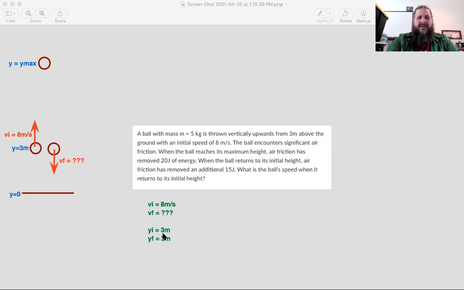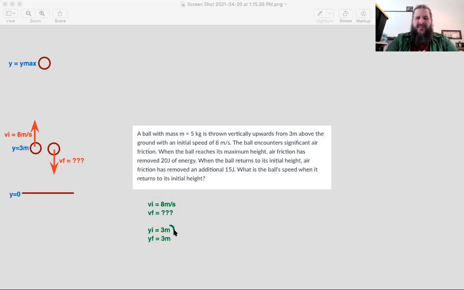What does that tell you about the potential energy of gravity? From 3 meters to 3 meters, is that an increase? Yeah, overall it stays the same. So even though the object is moving, going up and then going back down, we've got an increase in potential energy and then a matching decrease in potential energy.